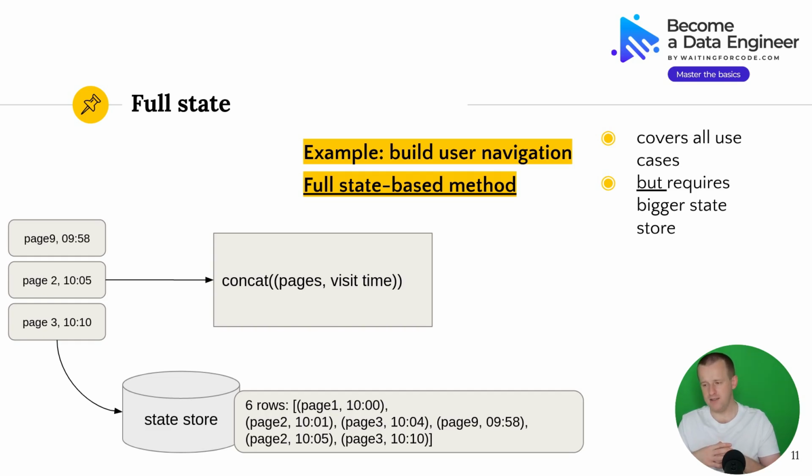The drawback is that the state can go really big if you don't control it, if you don't have any retention period. So for example, here we store all state for the visits, but we could assume that if the difference between the first record and the last record is like 10 minutes, then you can say, okay, I will flush all records before the most recent record minus 10 minutes, so that you will reduce the size and the amount of data in your state store, and maybe have much more safety.